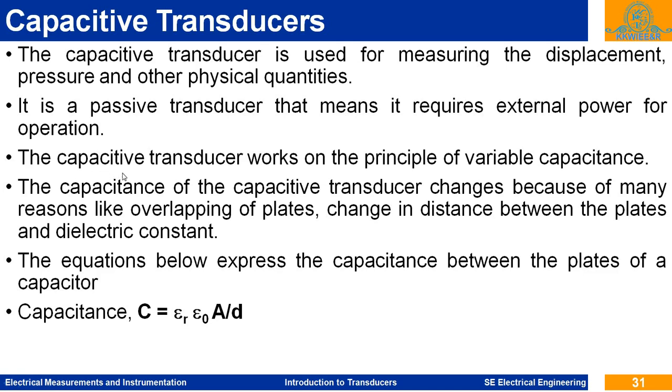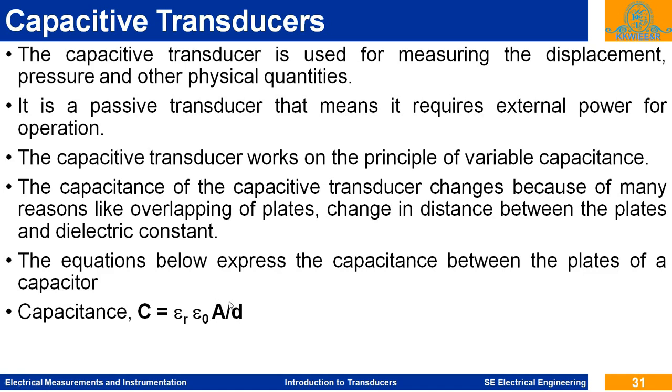The capacitive transducer works on the principle of variable capacitance. The capacitance of the capacitive transducer changes because of many reasons, like overlapping of plates, change in the distance between the plates, and the dielectric. C is equal to epsilon r epsilon 0 A upon d.